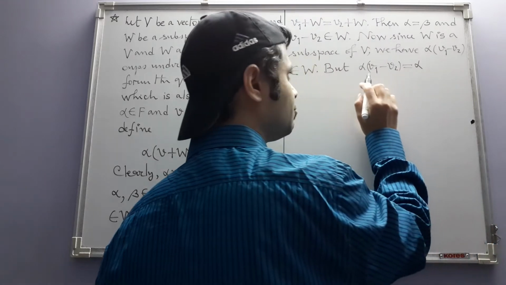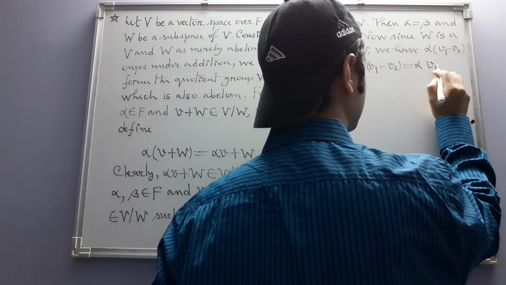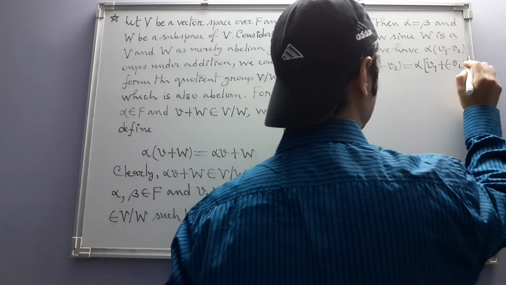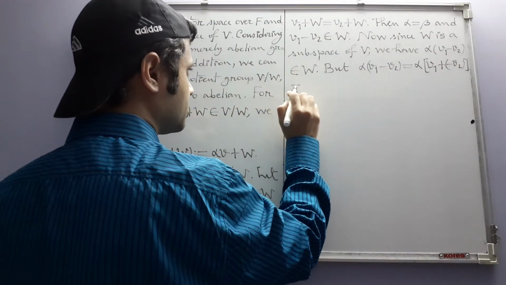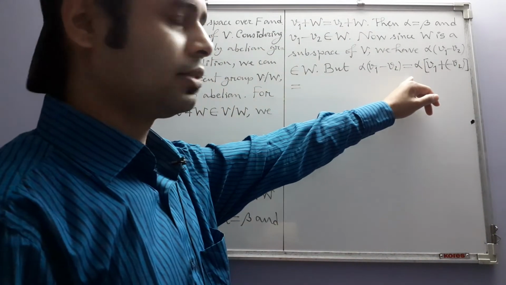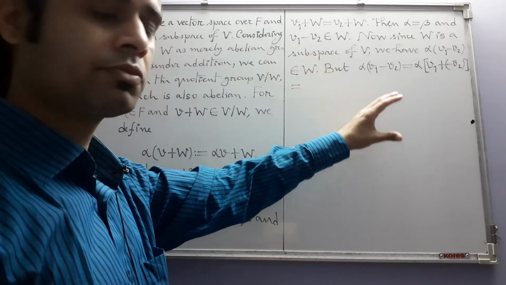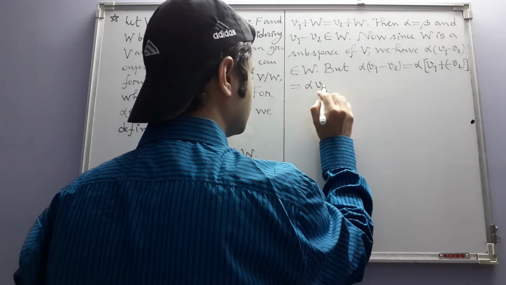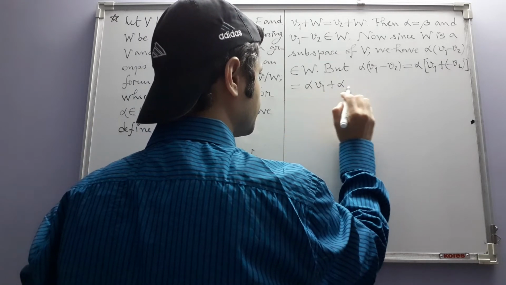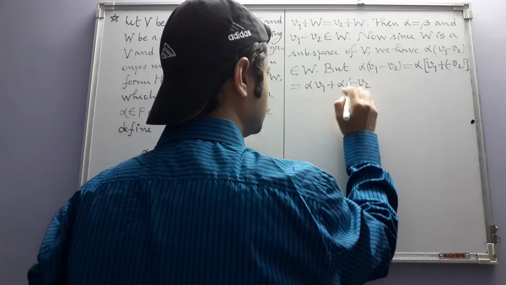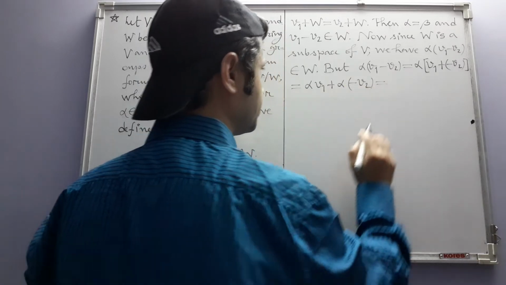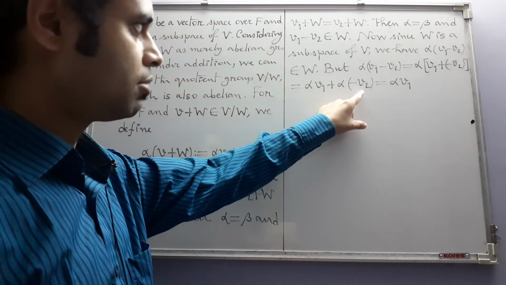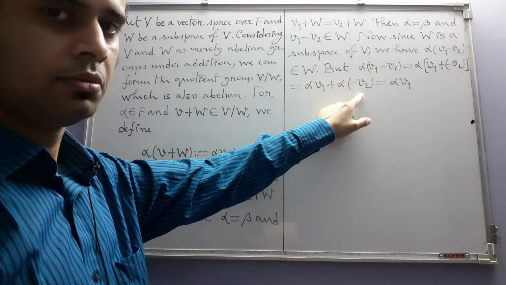The real meaning of v1 minus v2 is v1 plus minus v2. Now since these are vectors and this is a scalar, so from one of those four vector space axioms, this will be equal to alpha v1 plus alpha times minus v2.